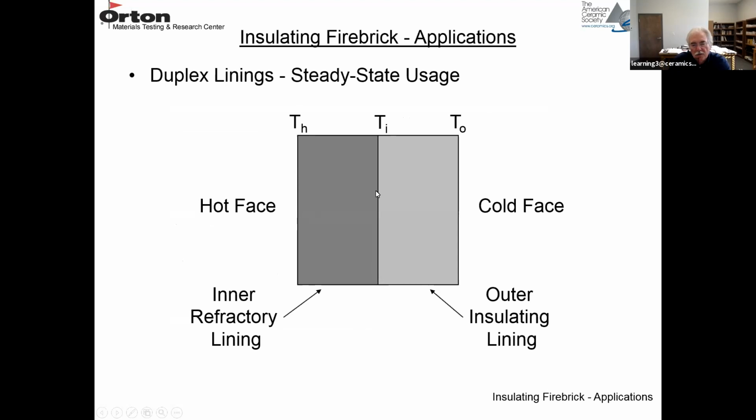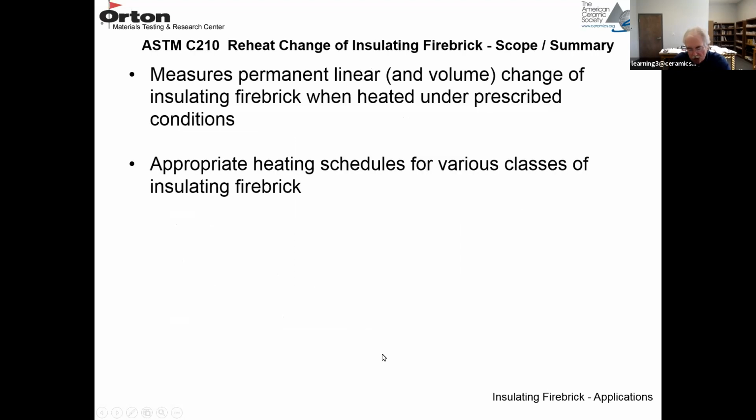It's a more shallow thermal gradient. The freeze plane will move in deeper into the hot face and could enhance the corrosion resistance. So you're saving energy by putting a backup lining, an insulating lining, but you could enhance the corrosion resistance depending on what the operation is. So those are some things to be aware of when you're using an IFB for either an inner lining or a backup lining.